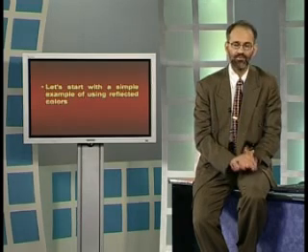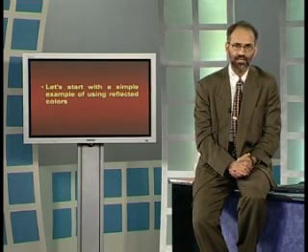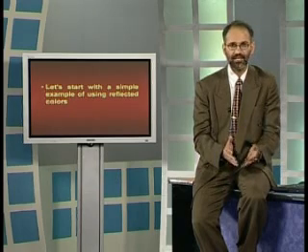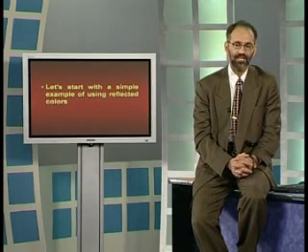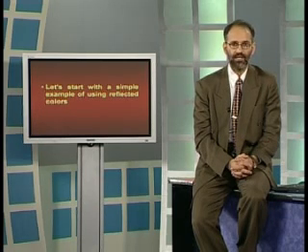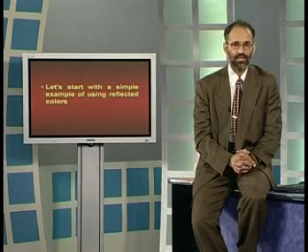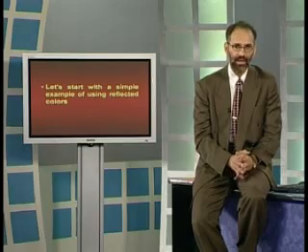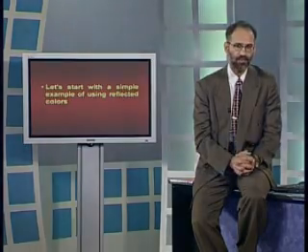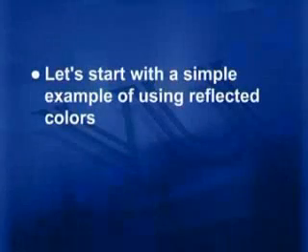Even if we use 256 levels for RGB, of course the range is limited: 16.7 million colors, but it's not infinitely many colors. Whereas in nature there would be infinitely many colors, but all requirements of color representation are met using this RGB model. So let's start with a simple example of using reflected colors.